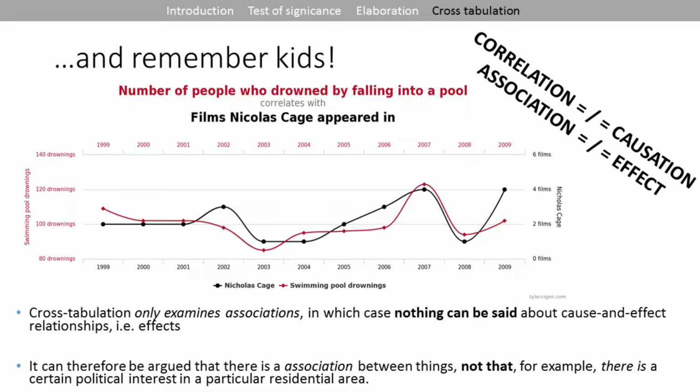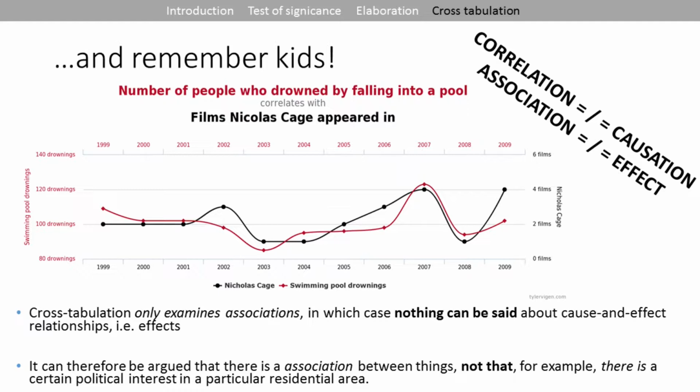For example, here we have a nice graph about the number of people who drowned by falling in a pool and the films that Nicolas Cage has appeared in. So correlation doesn't mean that there is causation, and of course anything can be correlated together, even the most absurd things like this.